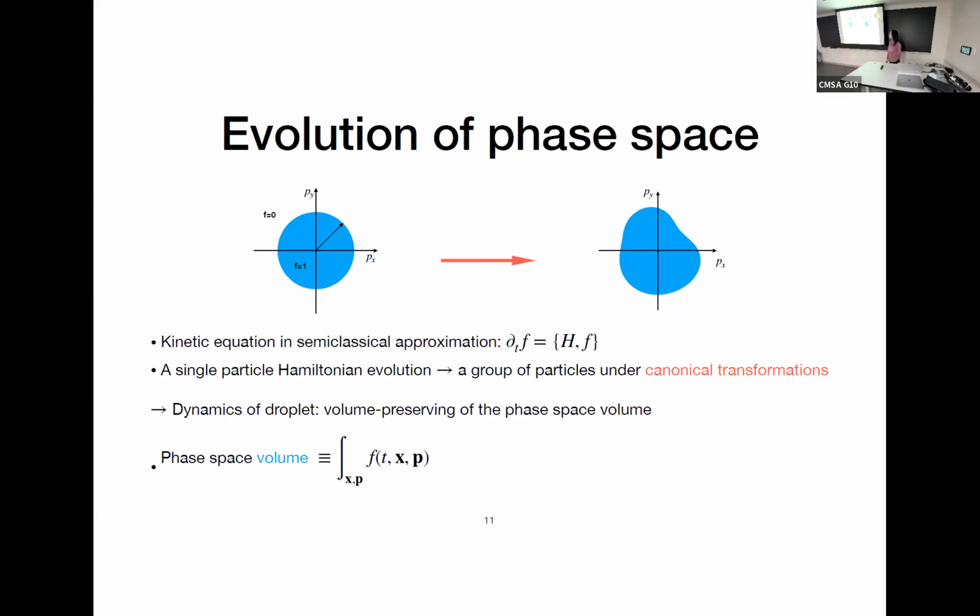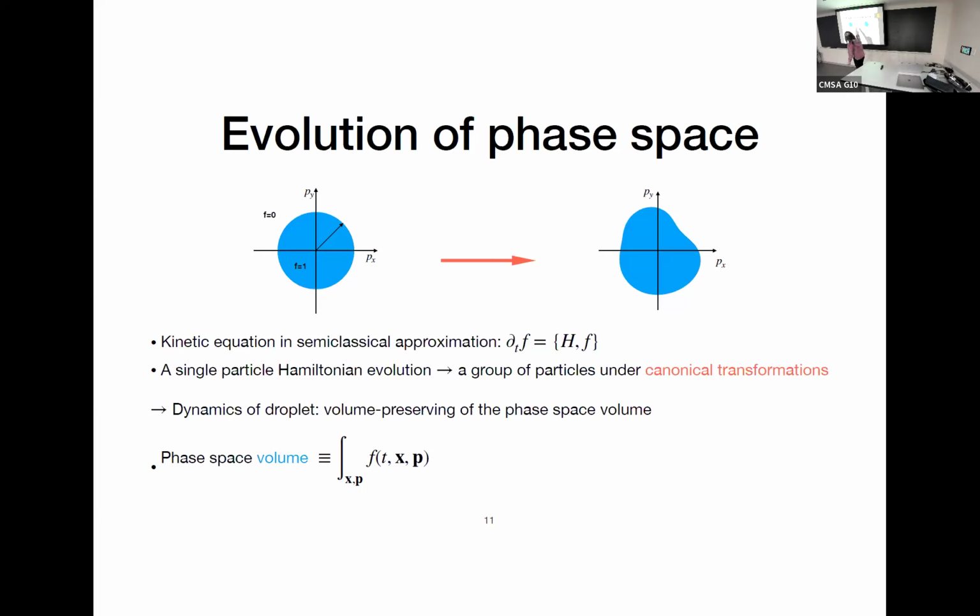Something I want to emphasize is that there is volume preservation of the phase space volume, because the particle number is conserved. The volume enclosed by this Fermi surface, which is defined by the phase space integral of some distribution function, will actually be fixed under the time evolution.